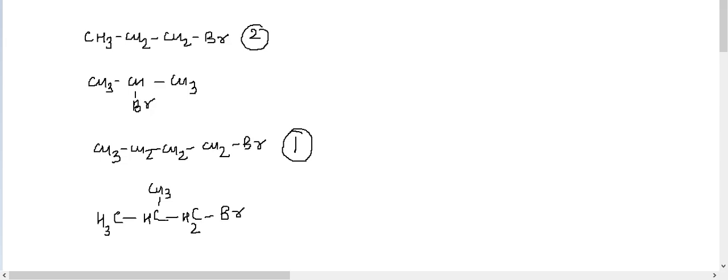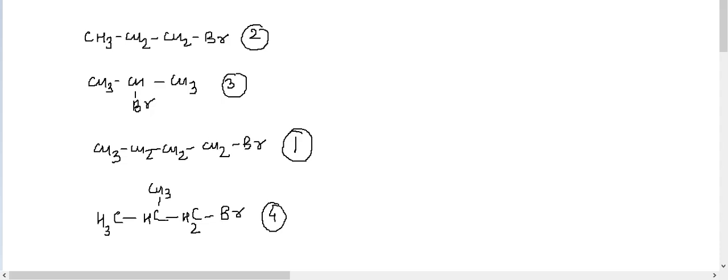Now we have this compound with 3 carbons and 1 bromine, and the other with 4 carbons and 1 bromine. Where the branching is more, the boiling point decreases. So this will be 3 and this will be 4. The more the branching, the lower the boiling point, because the van der Waals force of attraction between the molecules decreases.